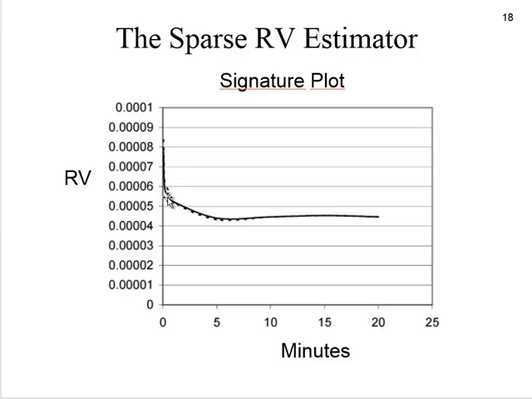As we increase the frequency, so here we increase to 1 minute, 2 minutes, 3 minutes, 4 minutes, 5 minutes, and so on, we see that the RV reaches a unique value. So at about 5 minutes, we see that the line becomes straight. Hence, the most widely used frequency to estimate realized volatility is 5 minutes.